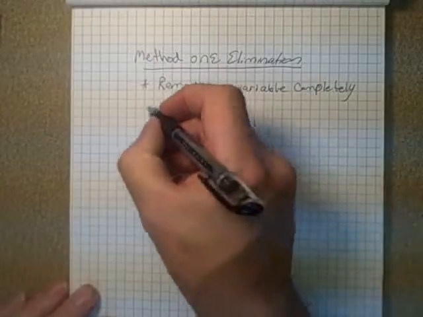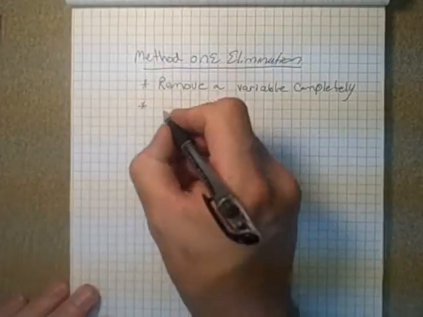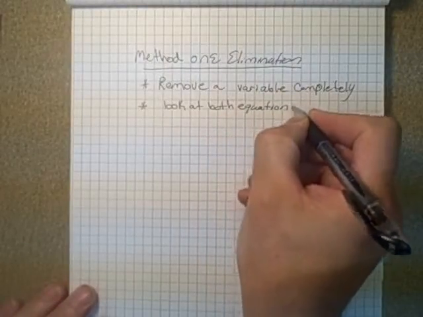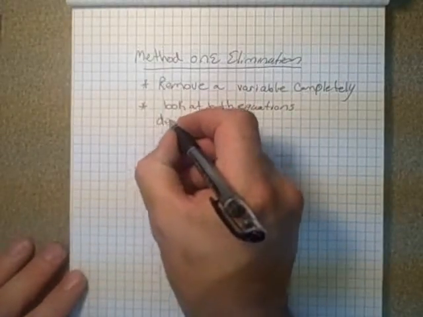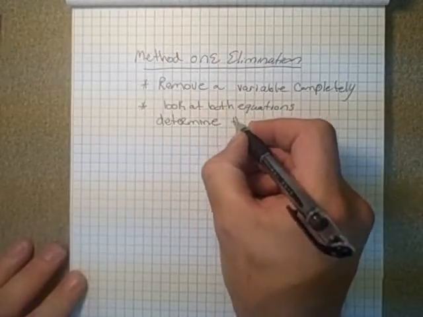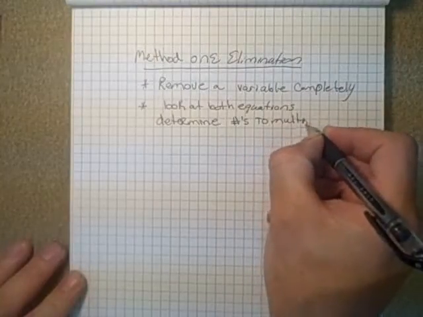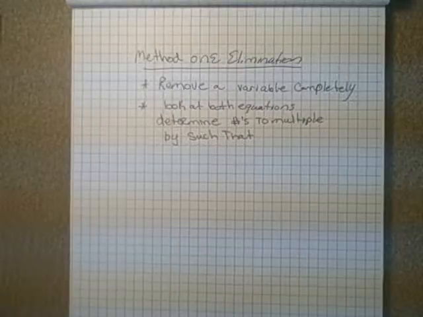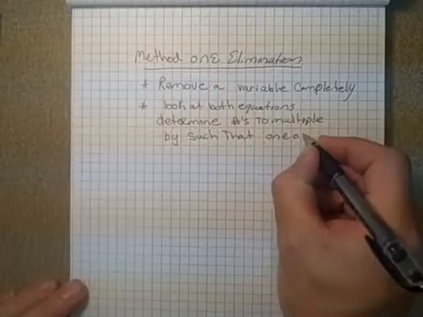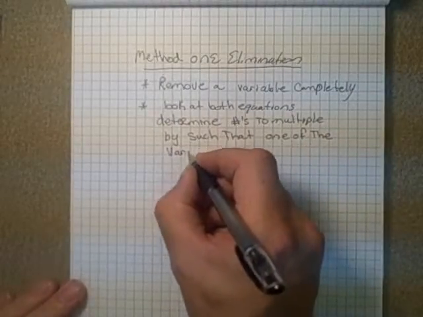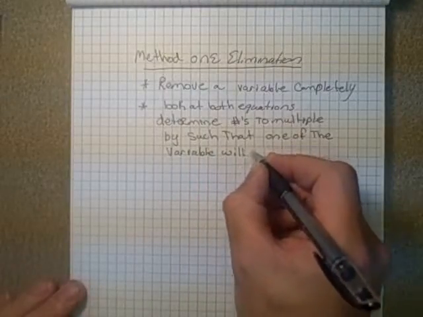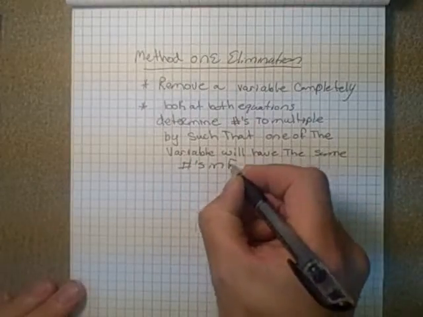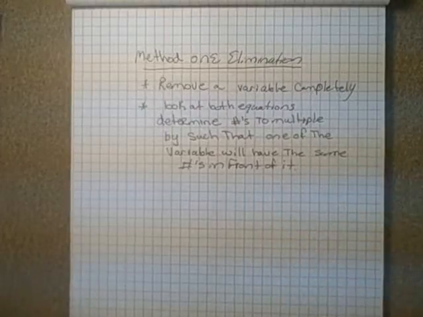And basically what you do methodology-wise is, first of all, you would look at both equations and determine coefficients to multiply by, such that one of the variables will have the same coefficient in front of it, but that will be of opposite sign.